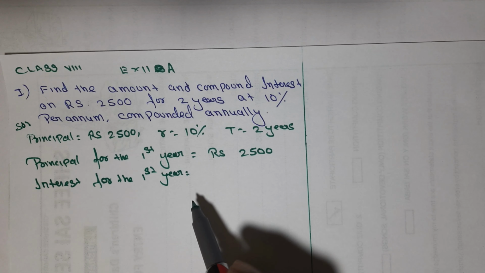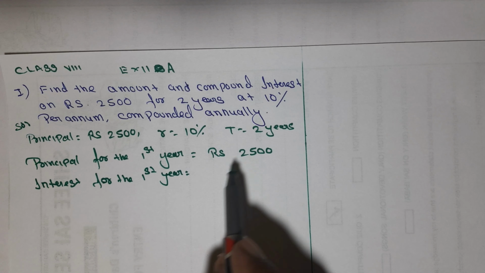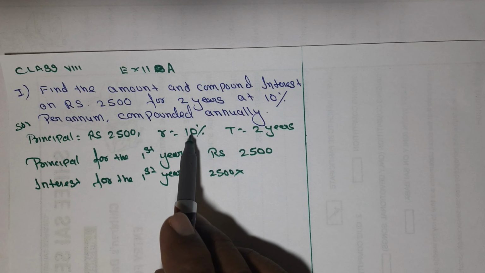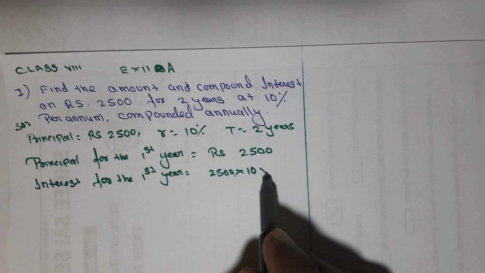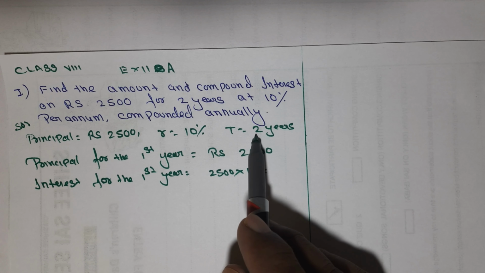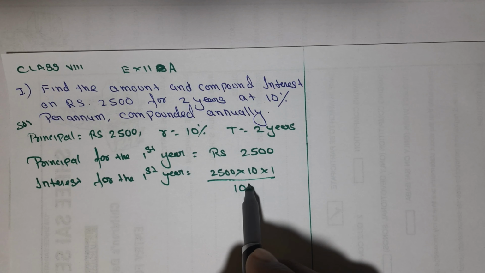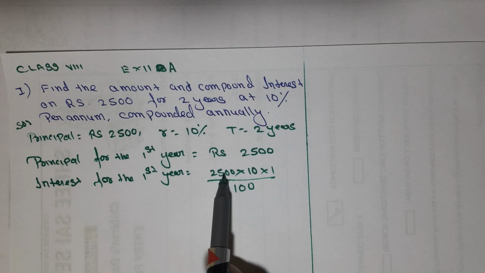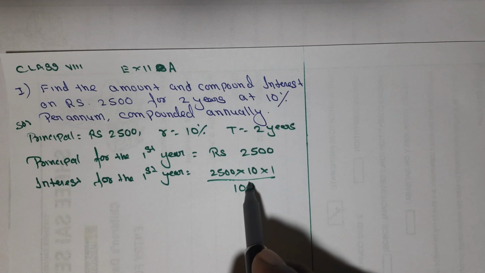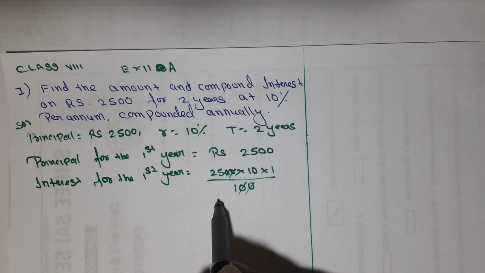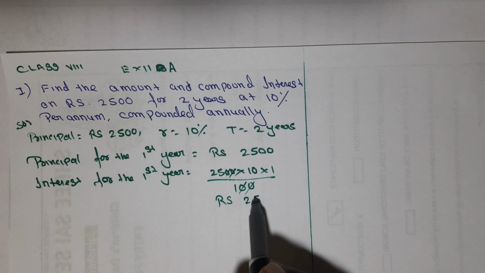P into R into T by 100. P is 2500. R is 10%. Now I told you, time we will divide into 1 year each. So 1 year by 100. It's the formula of simple interest, P into R into T by 100. So this 0 cancels out with this one. 25 into 10, so we got rupees 250.